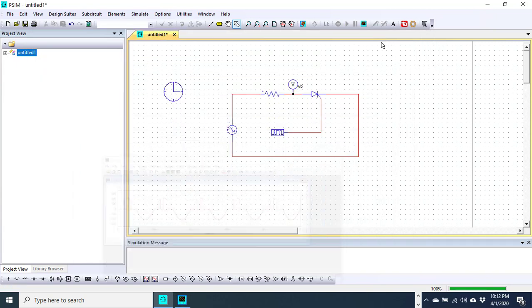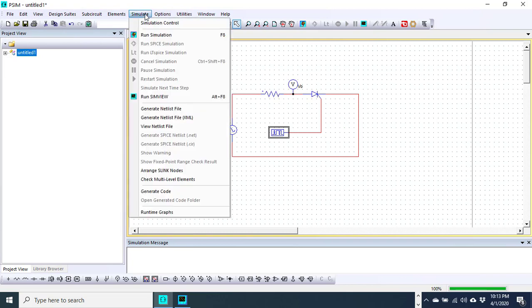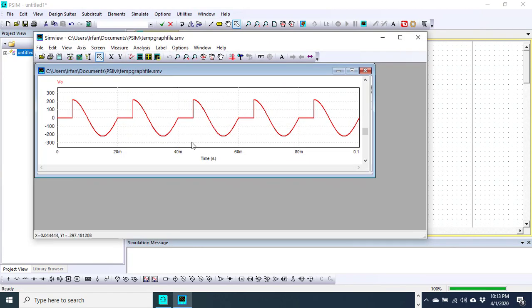Okay, so now if I change the switching points from here, I mean these are basically triggering points, firing angles, as you know. If I say 0 and 90, two points, I can see my output like this.